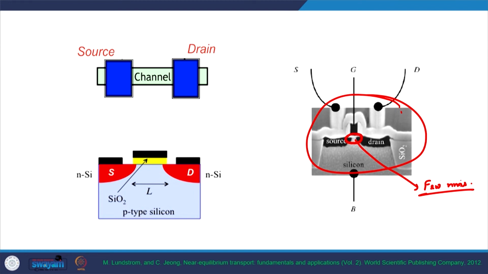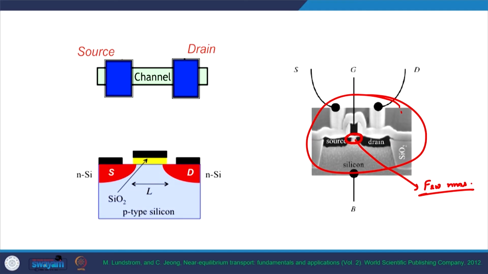And that is why we need to account for all the nanoscale effects that arise because of the quantum mechanical nature or because of the ballistic transport of electrons in these kinds of systems. That is why we first tried to understand ballistic transport, and for that we did a bit of quantum mechanics and how ideas from quantum mechanics can be used to understand ballistic transport and diffusive transport, and that will be extremely important while understanding modern day nanoscale MOSFETs.